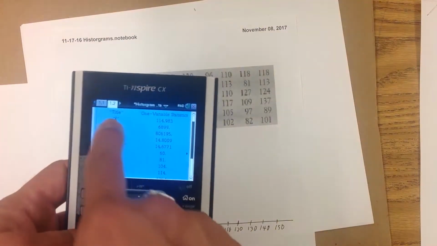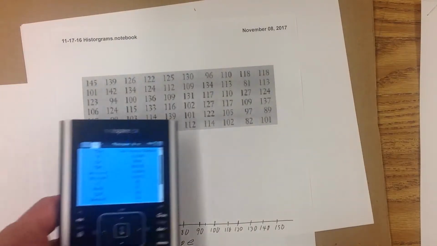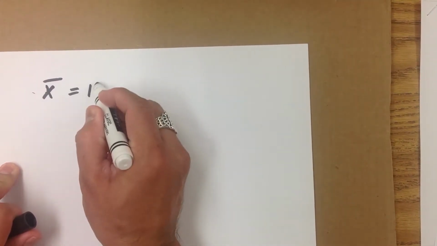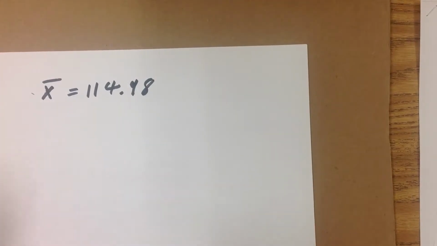If you hit up, you'll see X bar, which is 114.93. So I'm going to write that down under my X bar. So X bar is 114.98. So that's our X bar. What else was it asking for?